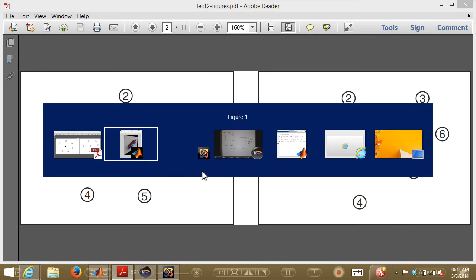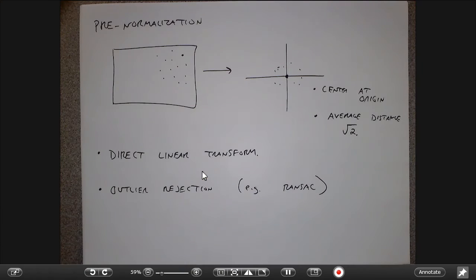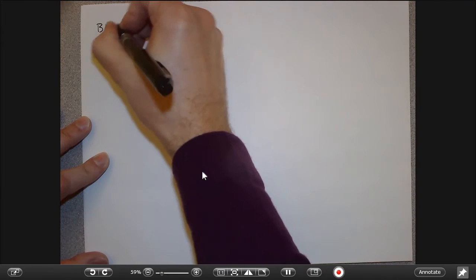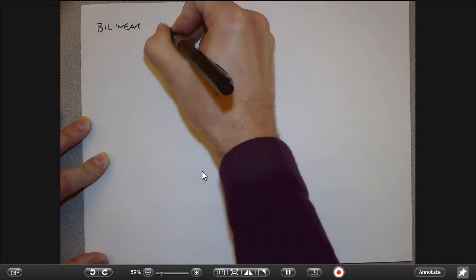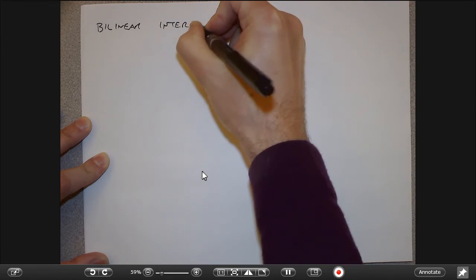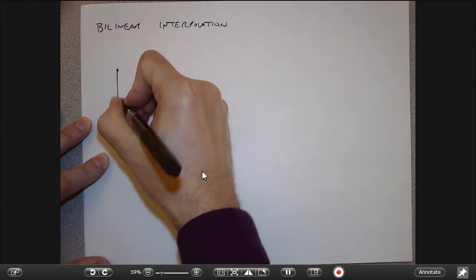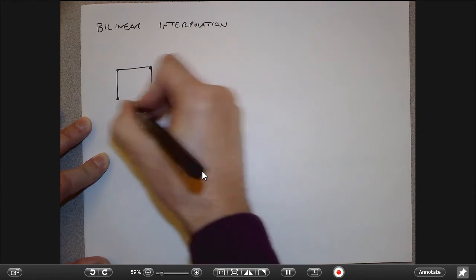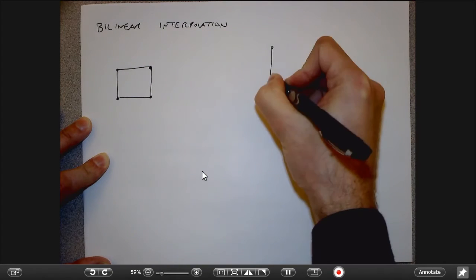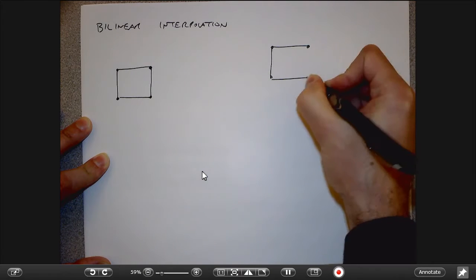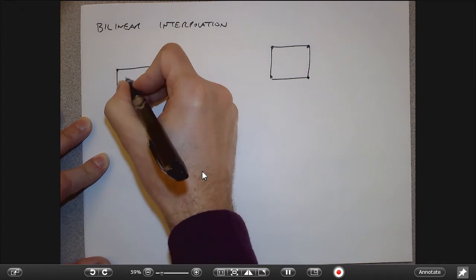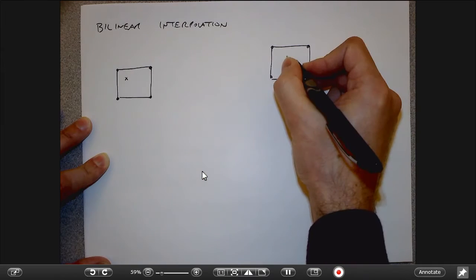You may have heard of this, since it comes up in computer graphics. Have you heard of bilinear interpolation? All the time? Okay. So basically, bilinear interpolation says, suppose I have a grid square in image 1 and some corresponding grid square in image 2. How would I know where this point goes over here?